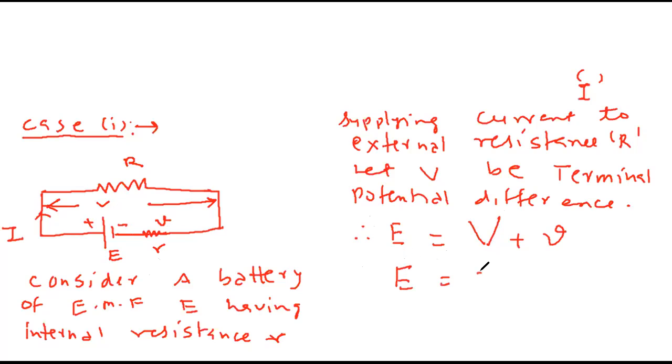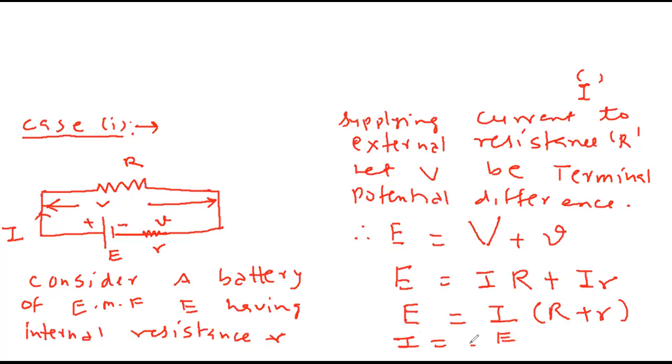So this is nothing but I into capital R plus I into small r. By Ohm's law, V is IR. I common into R plus r. Therefore, I is E upon R plus r. I is voltage upon resistance, which is called Ohm's law.